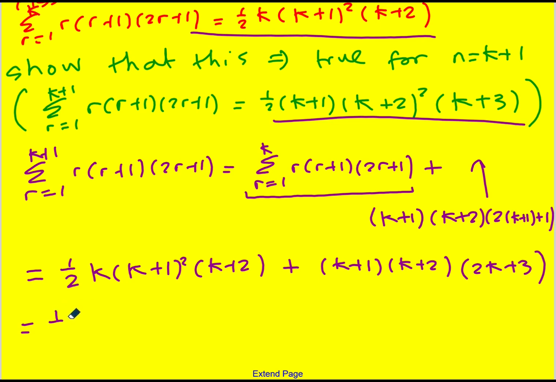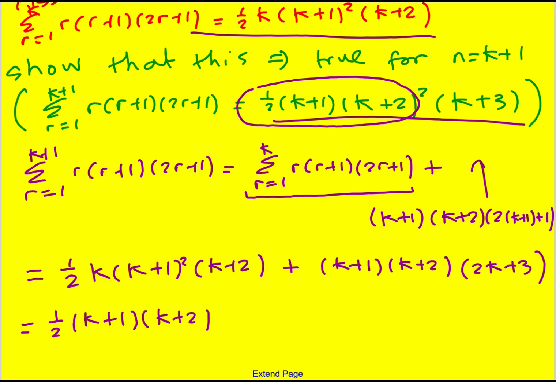So I'm going to factorize out a half, then k plus 1 and k plus 2. I can't factorize any more out of this part because they're just not there, but I can factorize that out from both, in fact. That will leave me k times k plus 1 plus 2 lots of 2k plus 3.